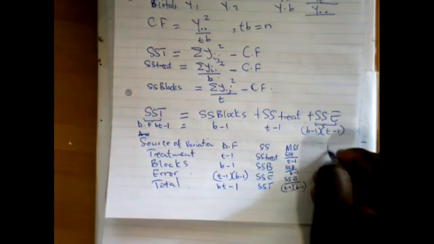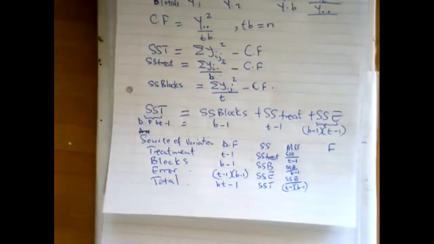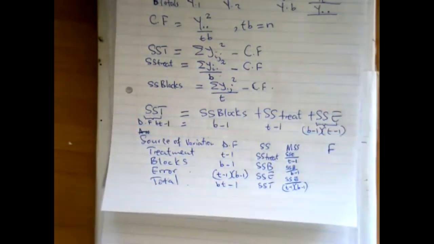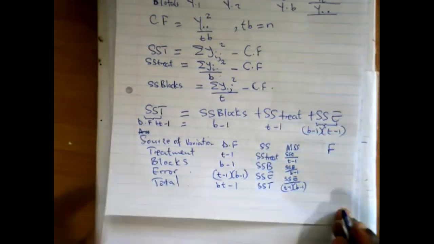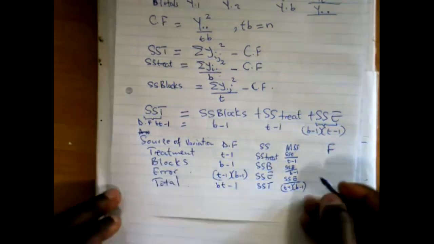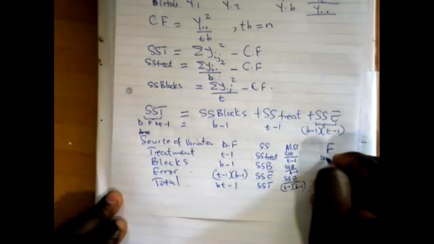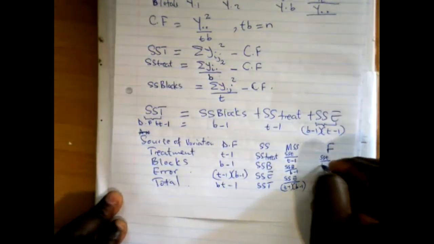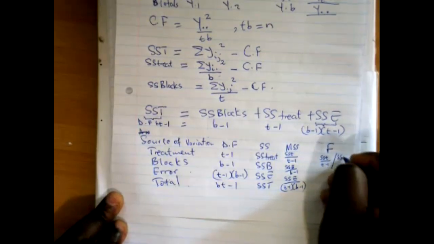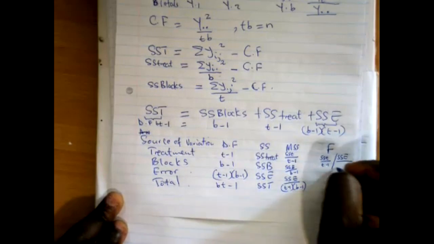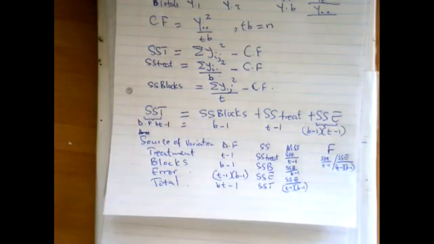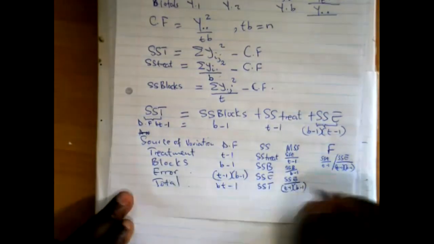Now, we will have our F. Take note that because it is a two-way ANOVA, we will have two F values. There is the one for testing the significant differences in treatments, which is SS treat over T minus 1 divided by SSE divided by T minus 1, B minus 1. So we come again to blocks.